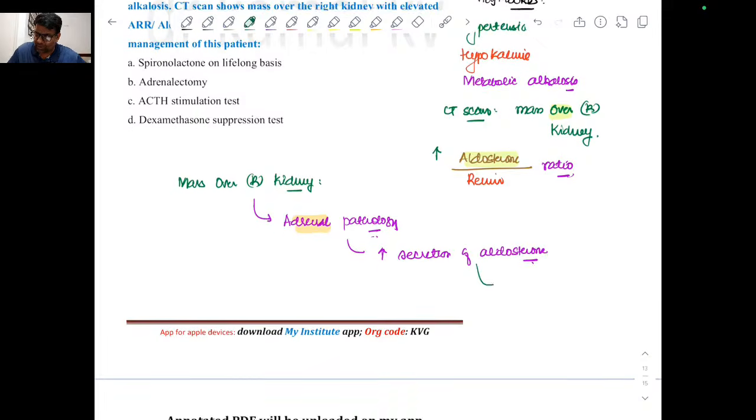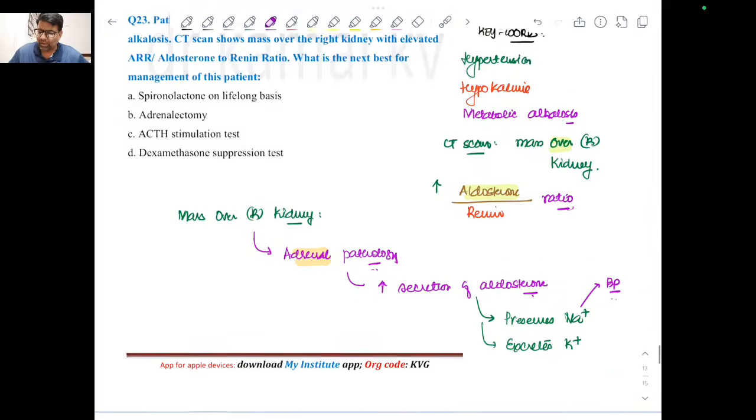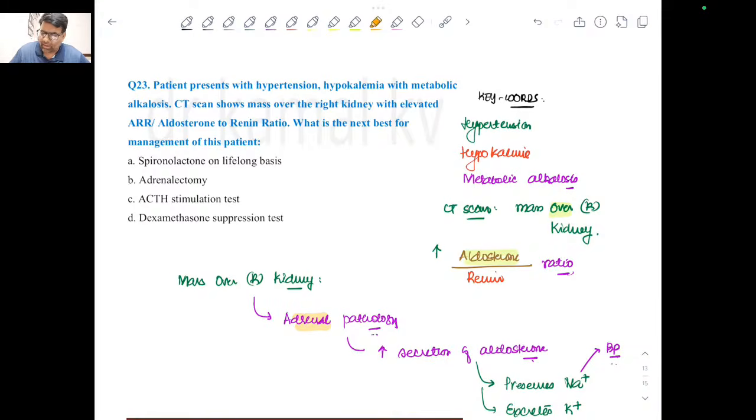And we know what the effect of aldosterone is? It preserves sodium and it excretes potassium. That is the effect of aldosterone. And sodium is related to blood pressure. So that's what is written here.